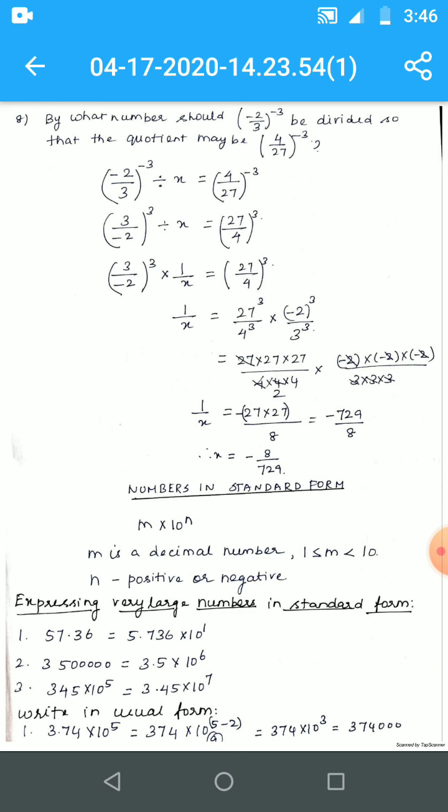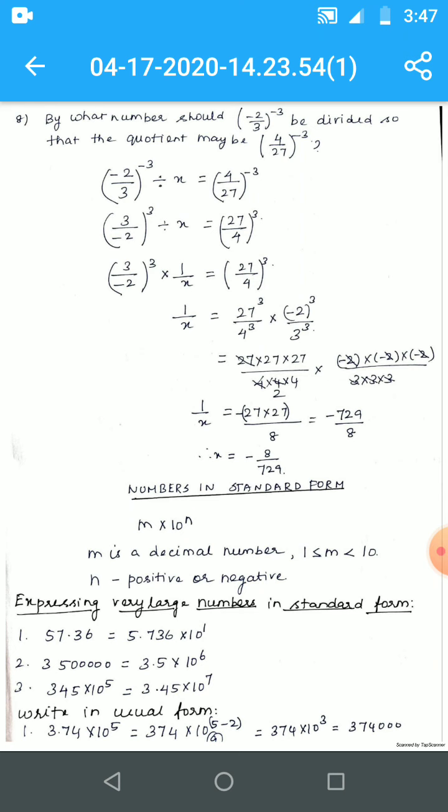If it is moving the other way, then the power is negative. Here 57.36 moves one step, that is 5.736 into 10 to the power 1.